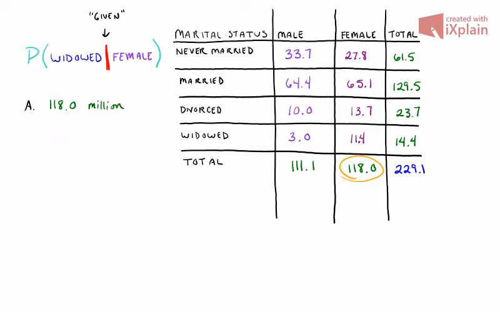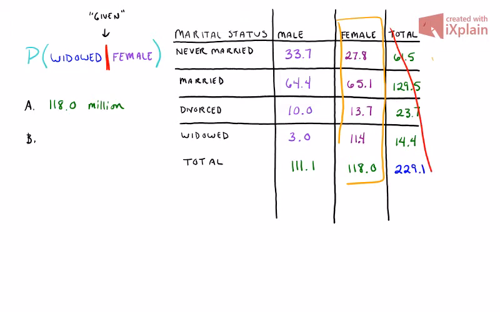Okay, so moving to part B, that question is how many of the females are widowed? So again, we only care at this point about the female column. So I don't need any of this other info here. I don't need the total anymore, and I certainly don't need to look at the male information.